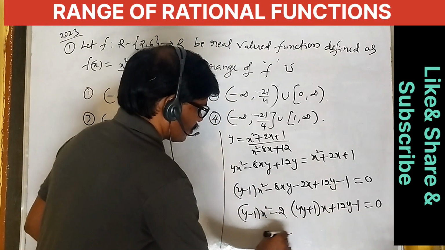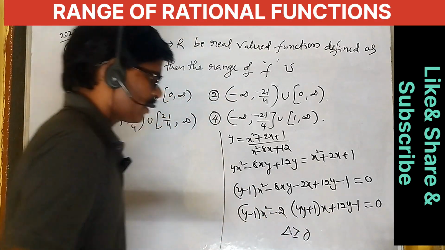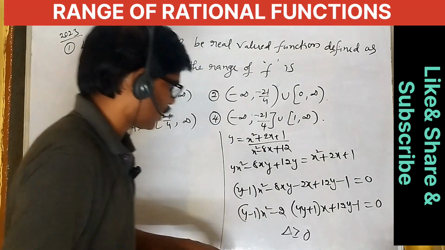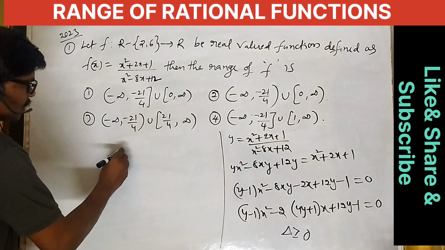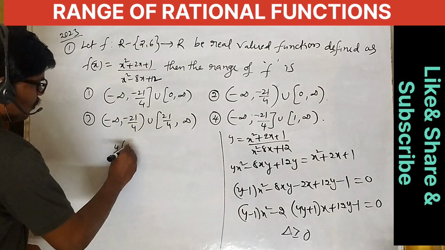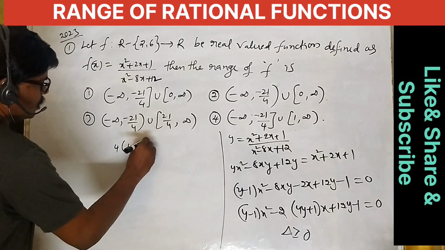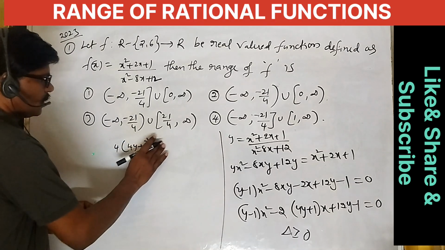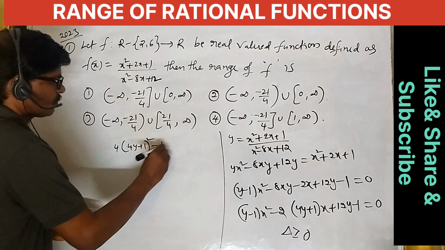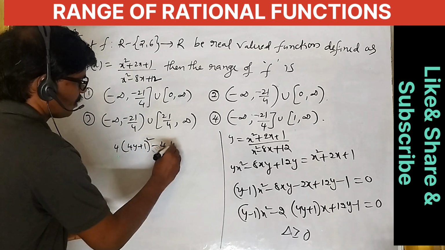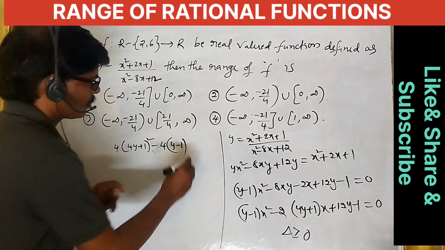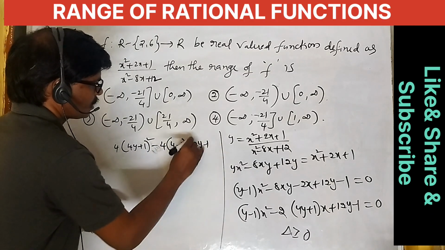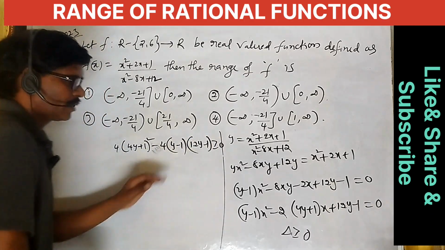In this case, delta is greater than or equal to 0. That is, b square minus 4ac greater than or equal to 0. Here b is 4y plus 1, whole square, minus 4 into a, which is y minus 1, into c, which is 12y minus 1, greater than or equal to 0.